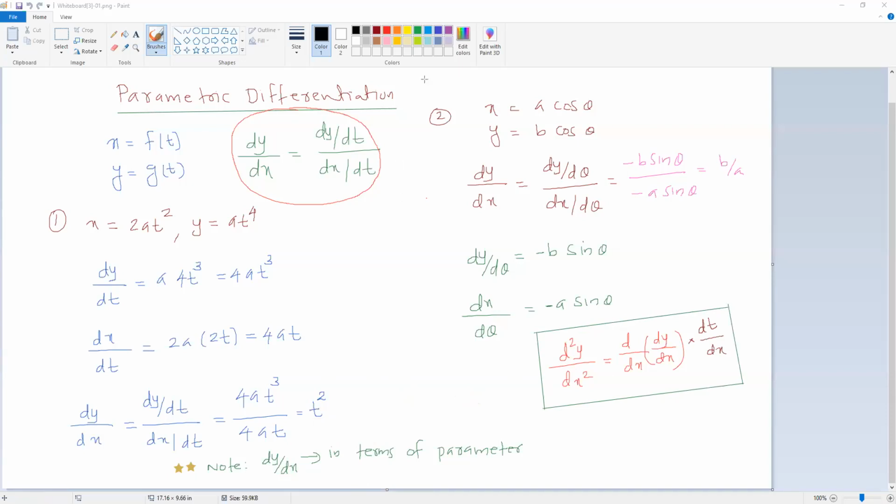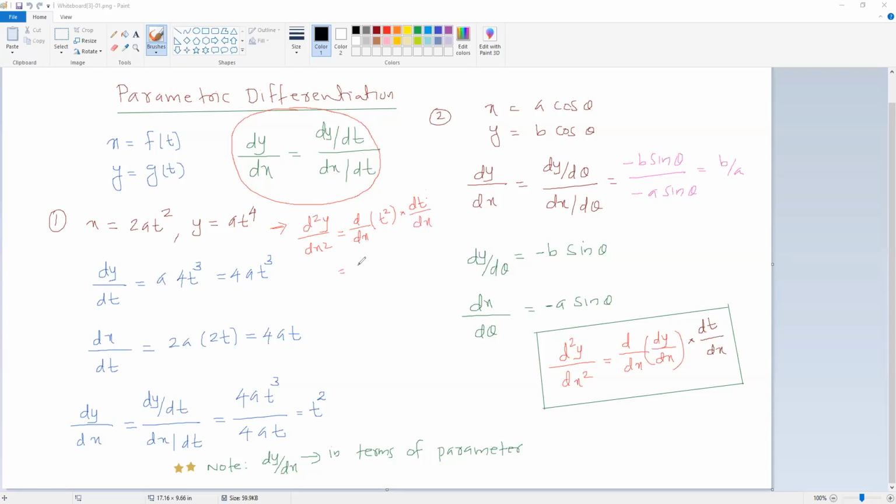So in this particular question, for the first question, d square y by dx square is equal to the derivative of dy by dx, that is t square, into dt by dx.